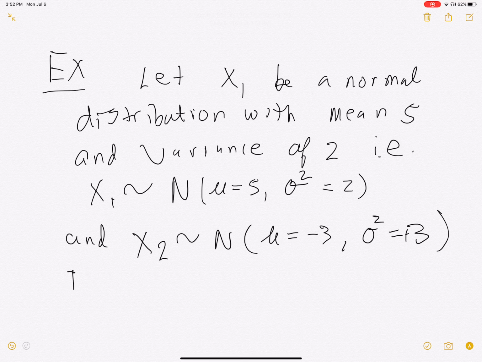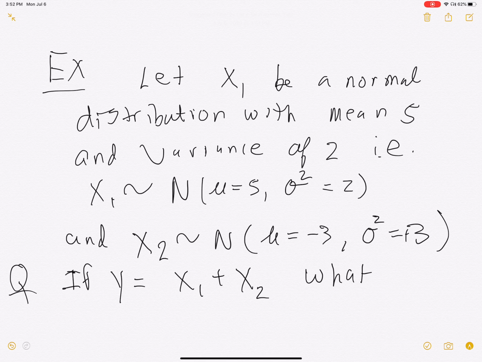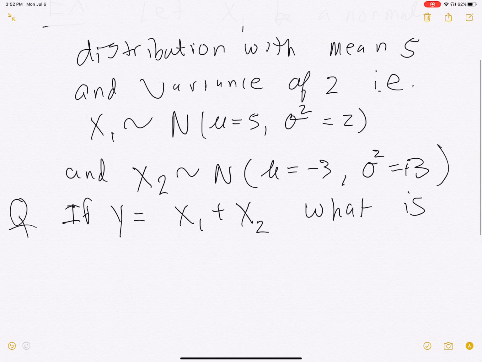If y is equal to x1 plus x2, so here's going to be the question. What is the distribution of y?